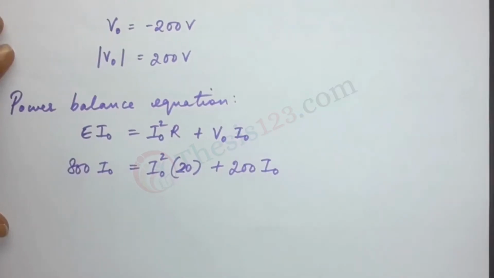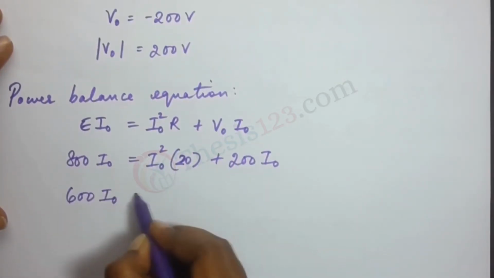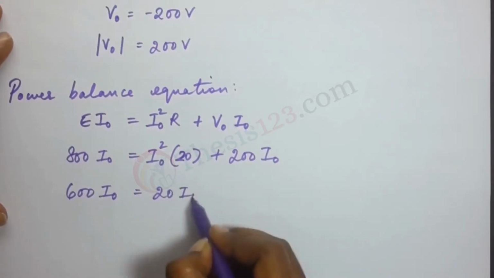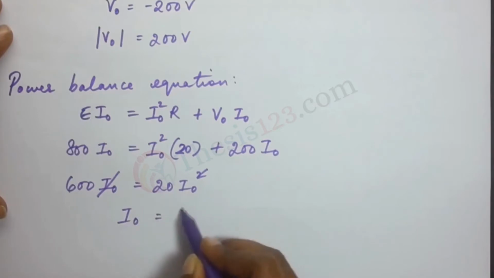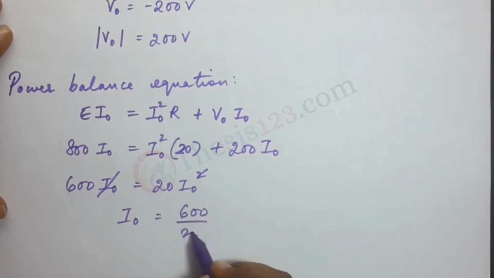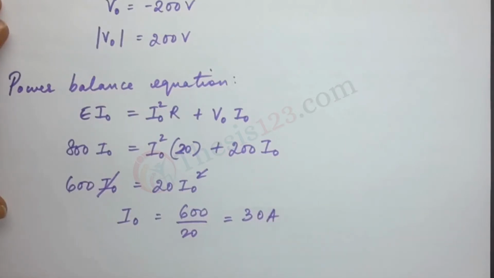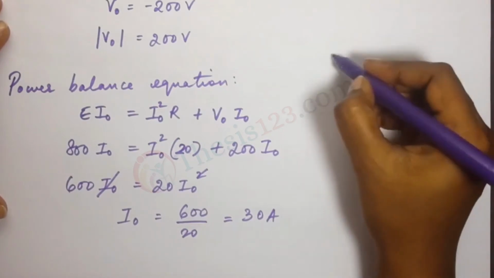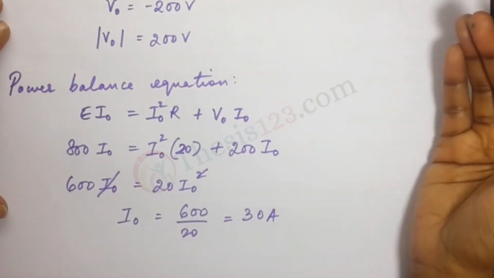Now we solve for I0. So that's 600 I0 is equal to 20 I0 square, and that cancels out. So we have I0 is equal to 600 by 20, and that's 30 amps. Now that we have the value of I0 and the value of V0, all that's left is to find out the real power fed back to the source.